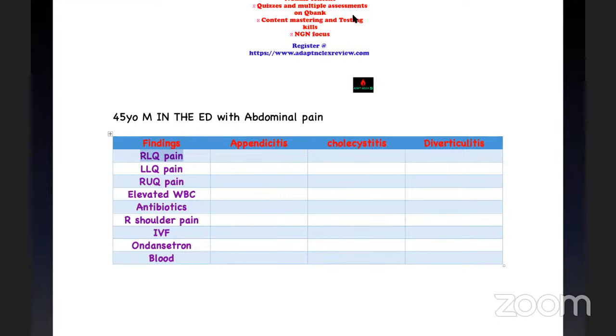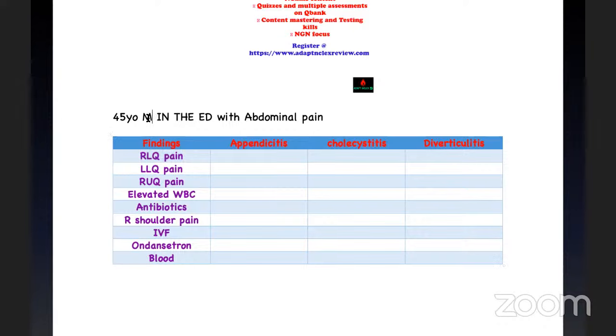Master the content and think it through. Who has right lower quadrant pain, who has left lower quadrant pain, who has right upper quadrant pain, who has an elevated white count, who needs antibiotics, who has right shoulder pain, who needs IV fluid, who needs a beta hCG test?